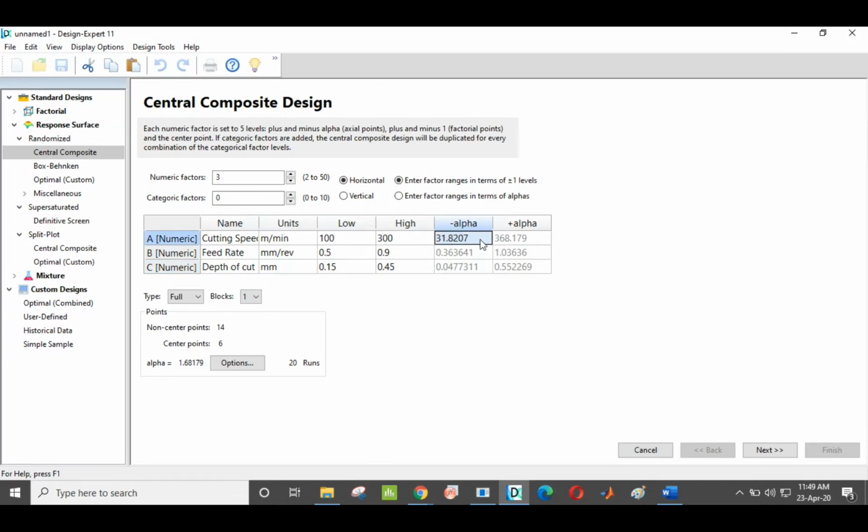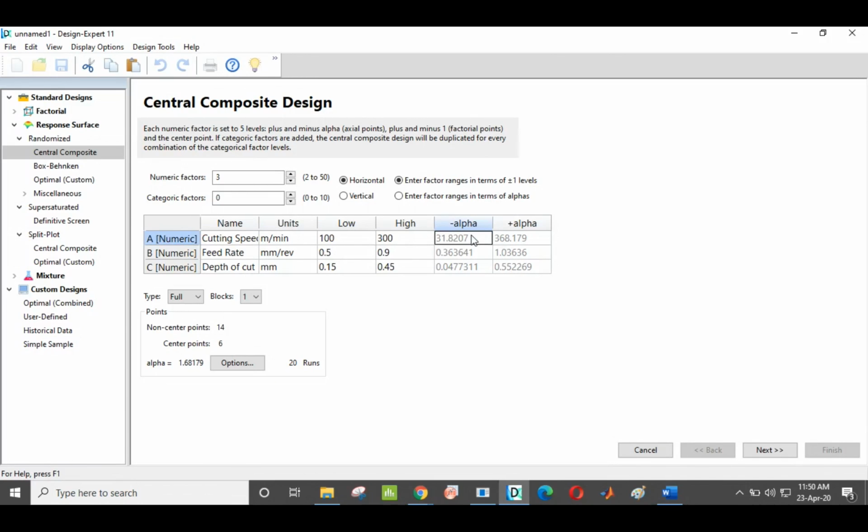Right. Now based on the alpha values, these are being selected. But I want only the low value as 100, because the machine setting is not possible for 31. Maybe the machine setting may not be possible, and also in some cases negative values will also come.